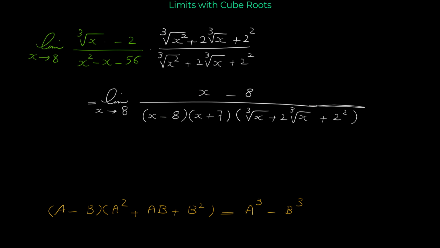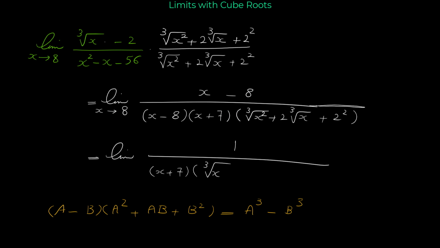If you cancel x minus 8 from the numerator with the denominator, then we have the limit of 1 over x plus 7 times cube root of x to the 2 plus 2 cube root of x plus 2 to the power of 2, as x approaches 8.